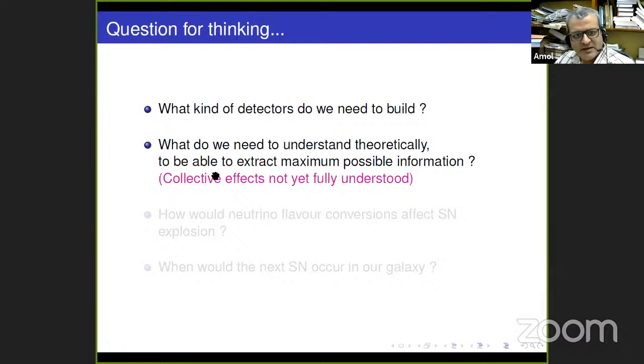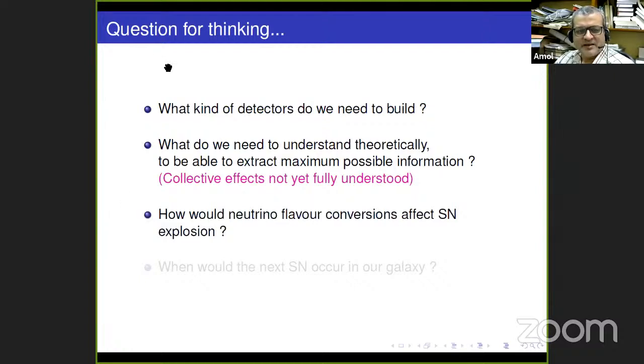The second question is, what do we need to understand theoretically to be able to extract maximum possible information from these 10 seconds of many neutrinos that we will see? And one of the major answers here from the neutrino side is the collective effects, nonlinear ones, which are not fully understood.